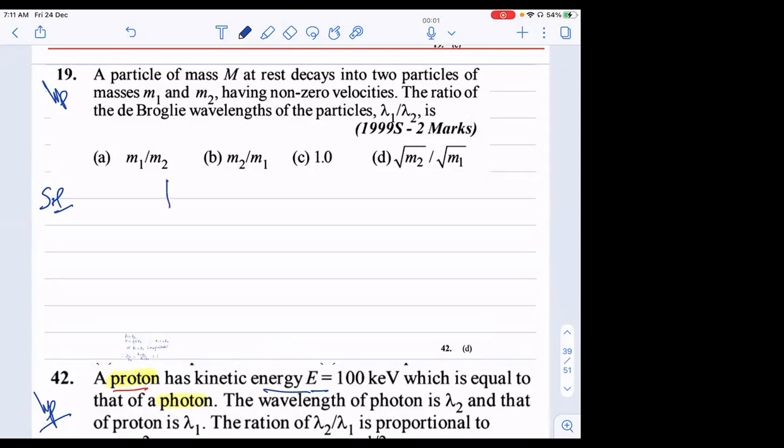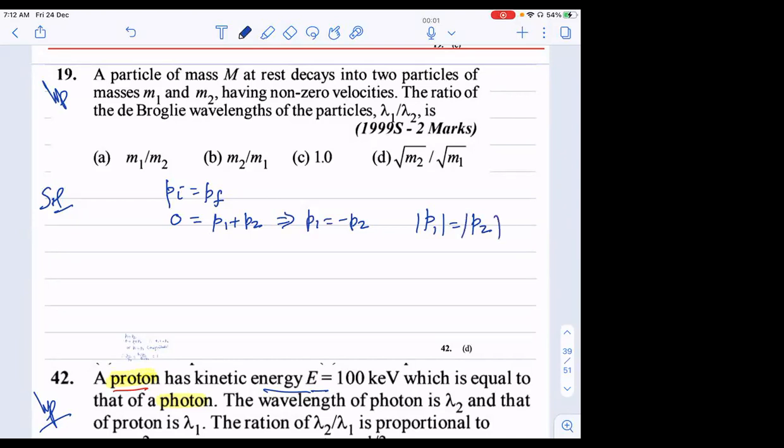Law of conservation of momentum. Initial momentum is equal to final momentum. Initially it is 0, final will be P1 plus P2. P1 is equal to minus P2, and the mod of P1 will be the mod of P2.